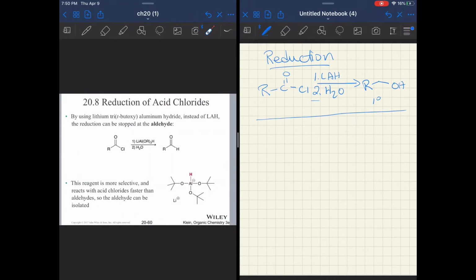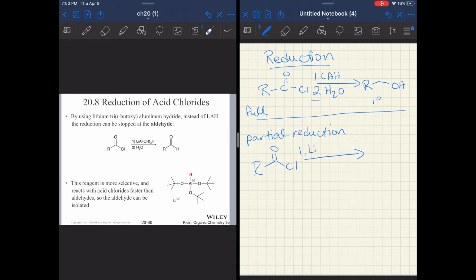What I do want to add to that is you have the option for a partial reduction. And no, it's not by controlling the amount of LAH, it's by modifying the LAH. So you'll see that the reagent looks similar.